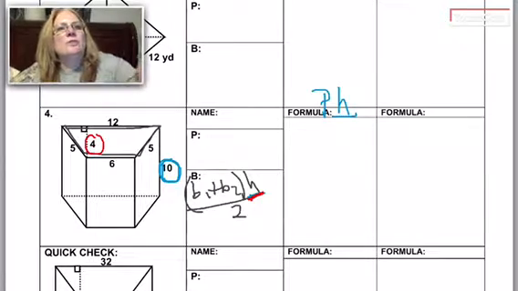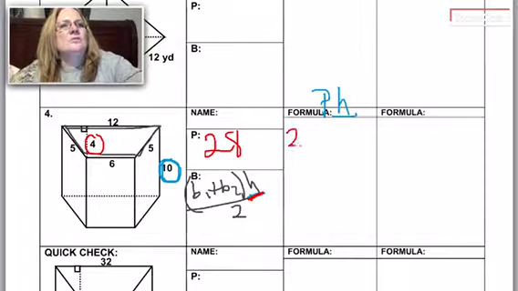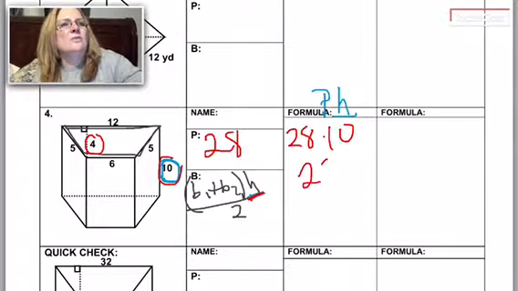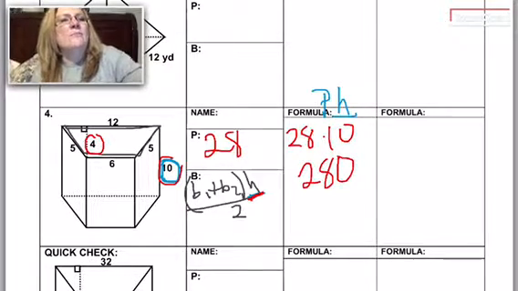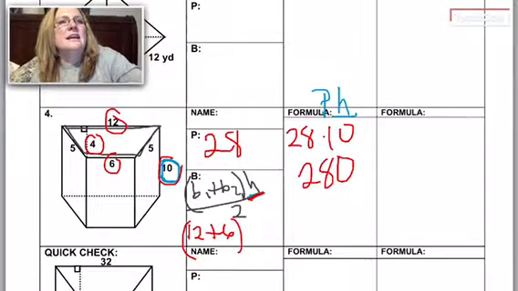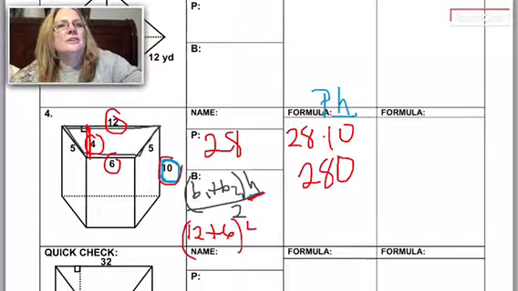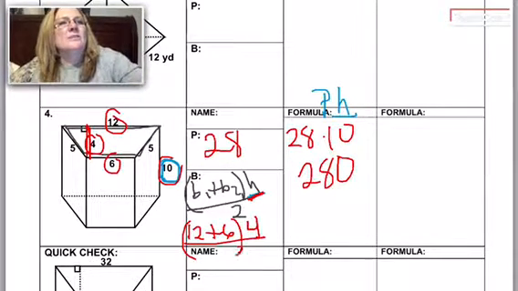Okay? So the perimeter of the base, 12, 22, 28. So this is 28 times 10, or 280. Now the area of the base is base 1, 12 plus 6, times the height of this figure here, 4 divided by 2.